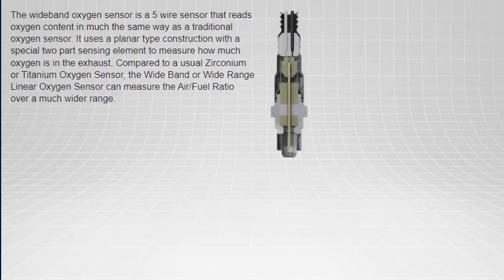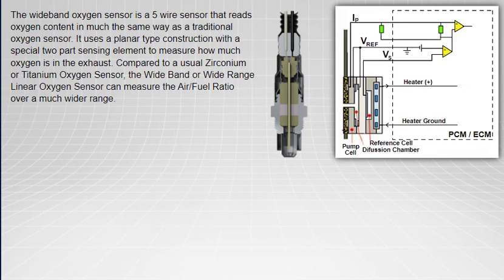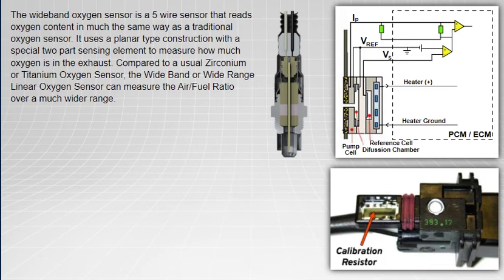The wideband oxygen sensor is a 5-wire sensor that reads oxygen content in much the same way as a traditional oxygen sensor. It uses a planar type construction with a special 2-part sensing element to measure how much oxygen is in the exhaust. Compared to a usual zirconium or titanium oxygen sensor, the wideband or wide-range linear oxygen sensor can measure the air-fuel ratio over a much wider range.